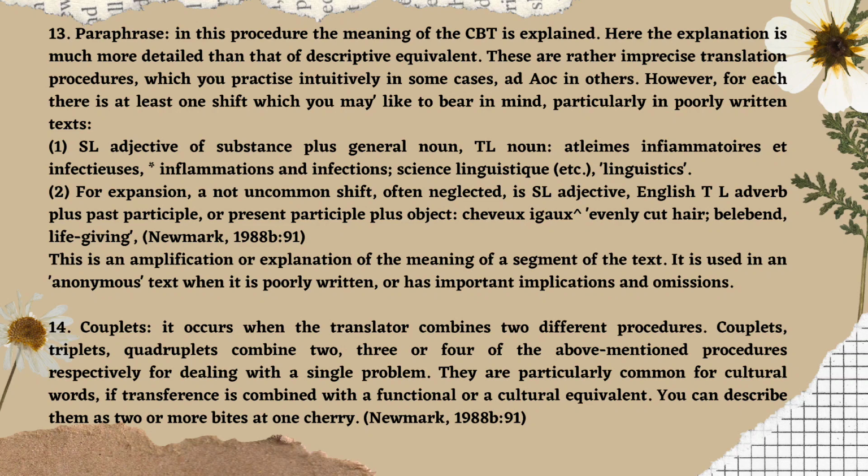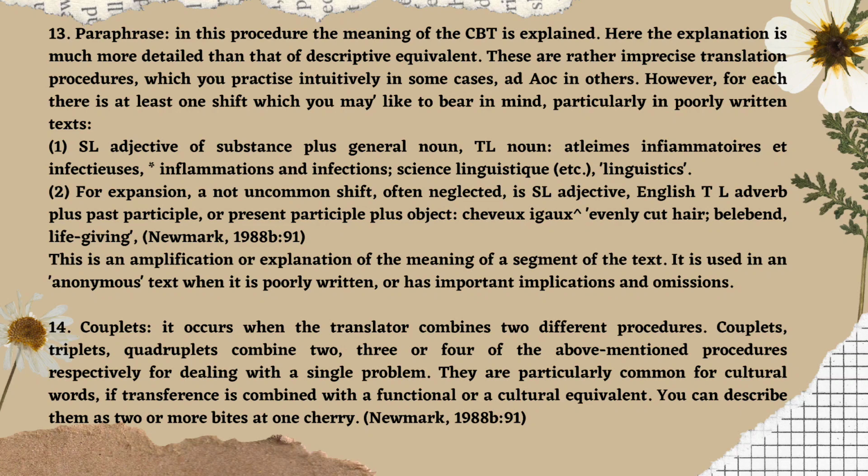These are rather impressive translation procedures which you practice intuitively in some cases, and consciously in others. However, for each there is at least one shift which you might like to bear in mind, particularly in poorly written texts.